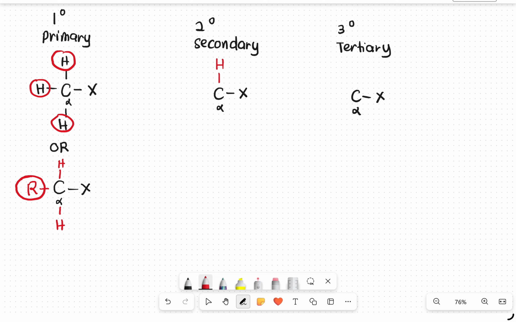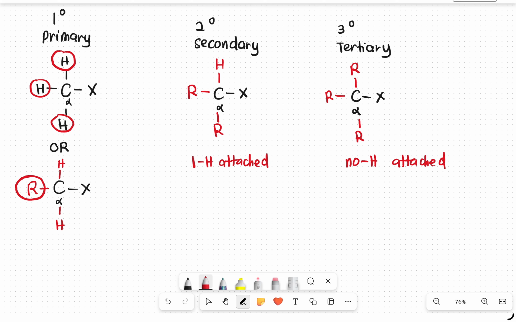If it is only 1 hydrogen, then definitely it is secondary, and the remaining is R. While for tertiary, the alpha carbon doesn't have any hydrogen attached, so all of the bonds are attached to substituents. So that is how you identify primary, secondary, tertiary.